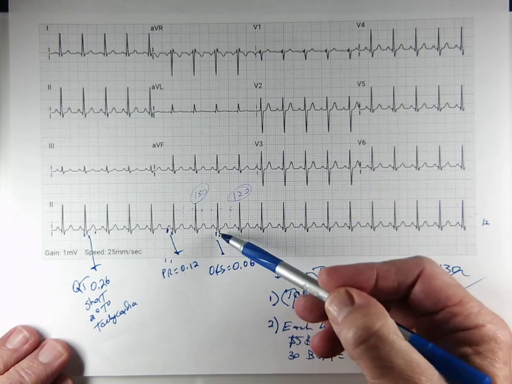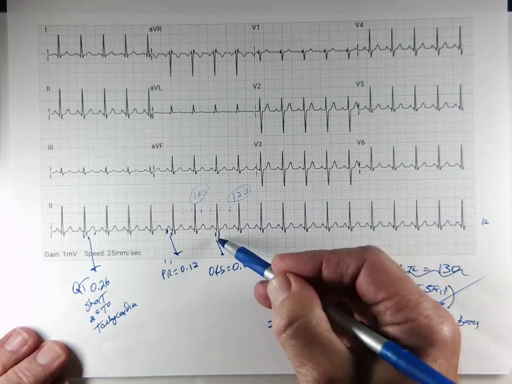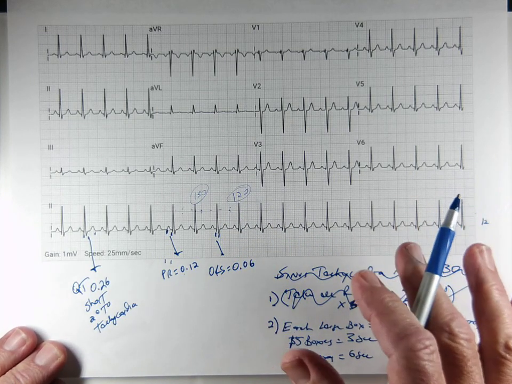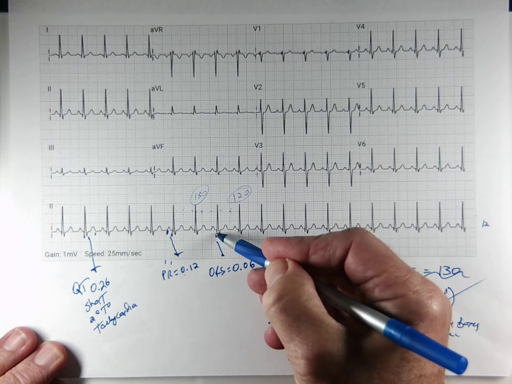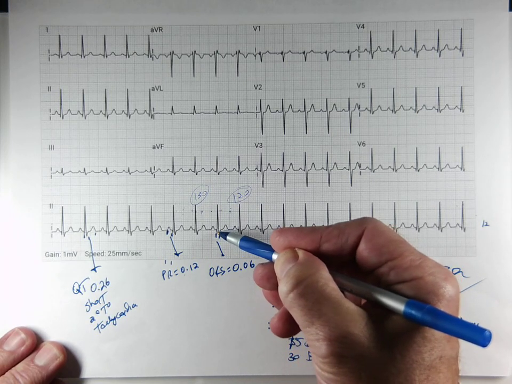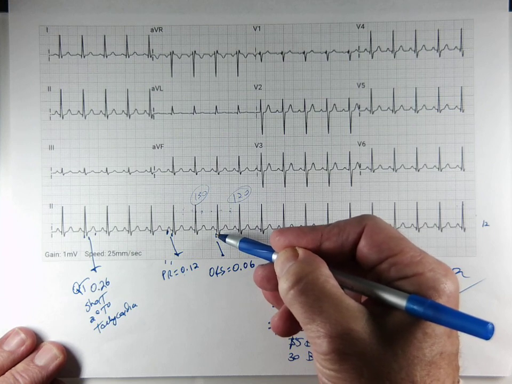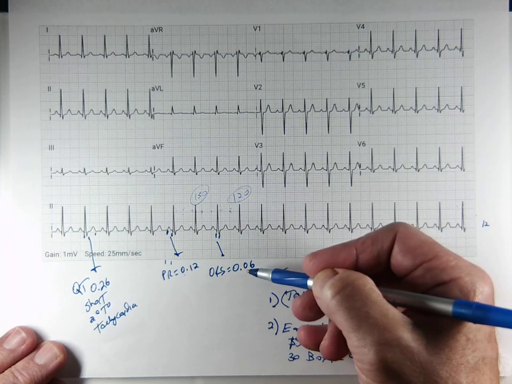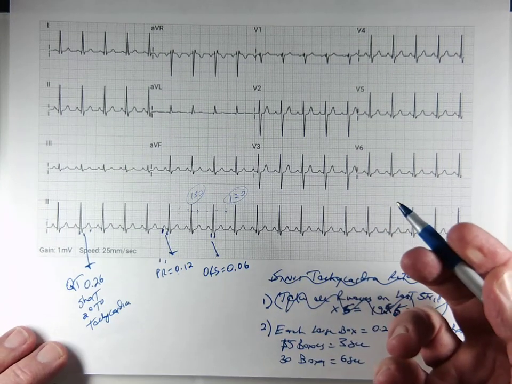The QRS, when it's very narrow, can be really difficult to get an accurate measurement. It doesn't matter if it's super narrow. What we're more concerned about is when it's long. But I measured the Q wave, the beginning, to the end of the S wave before the ST segment, and I got about 1.5-ish small boxes, so 0.06.